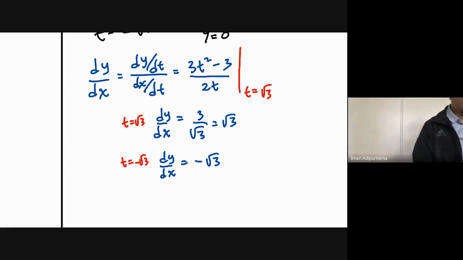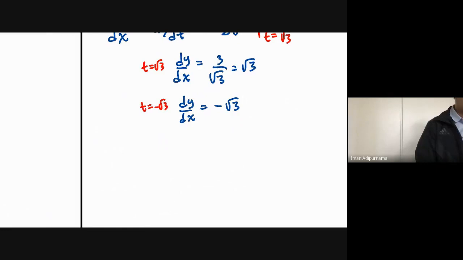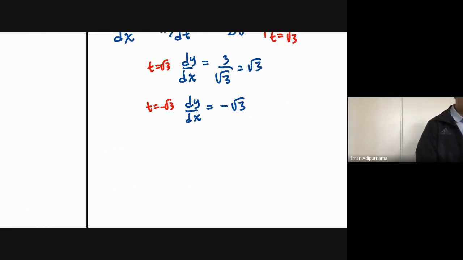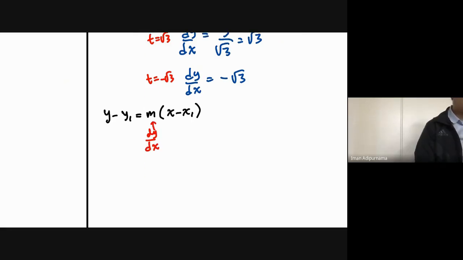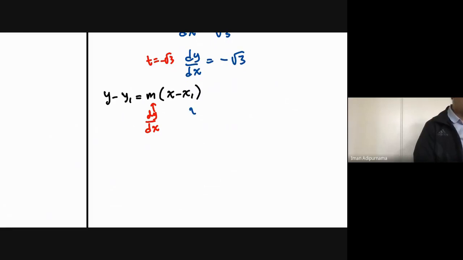Okay. Now we need to find the tangents for these two cases. So the tangents we can find through the line equation. This is dy/dx, right? And (x, y) is (3, 0). So I'm just putting all together now.